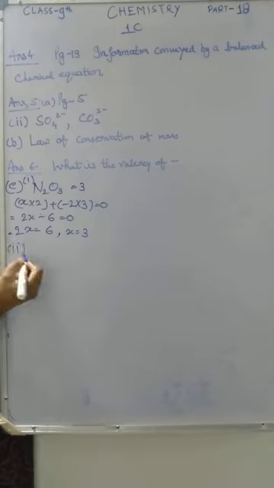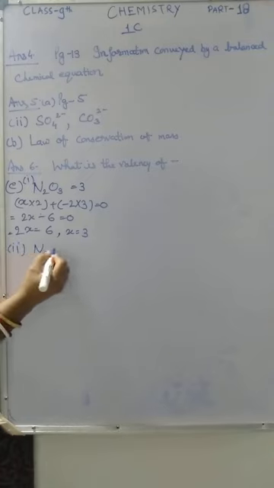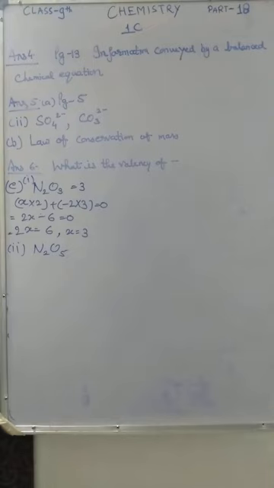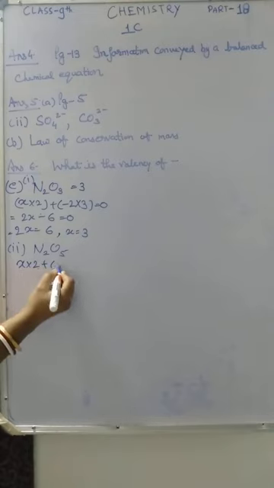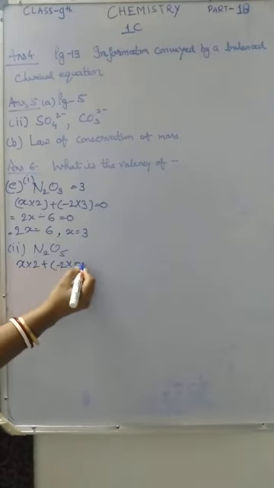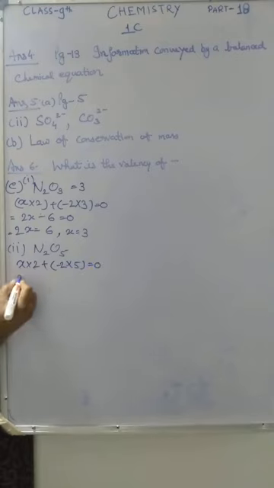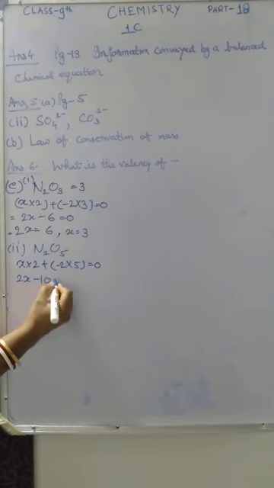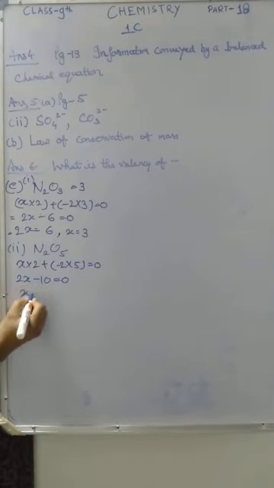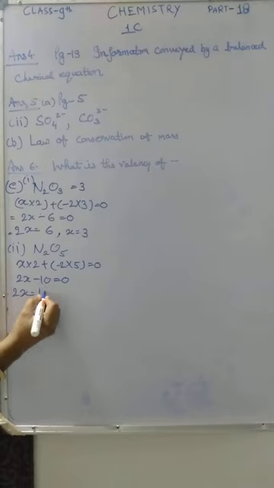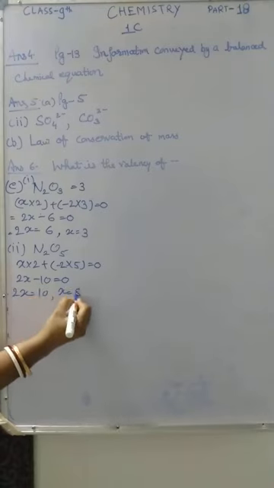Now part 2, N2O5. N2O5 also write like this: x into 2 plus minus 2 into 5 is equal to 0. So 2x minus 10 is equal to 0. 2x is equal to 10. So x is equal to 5.